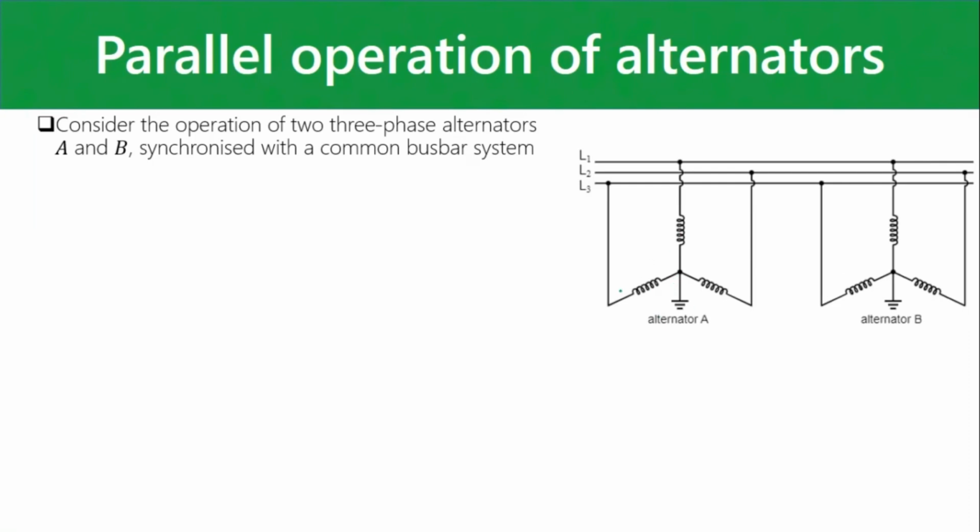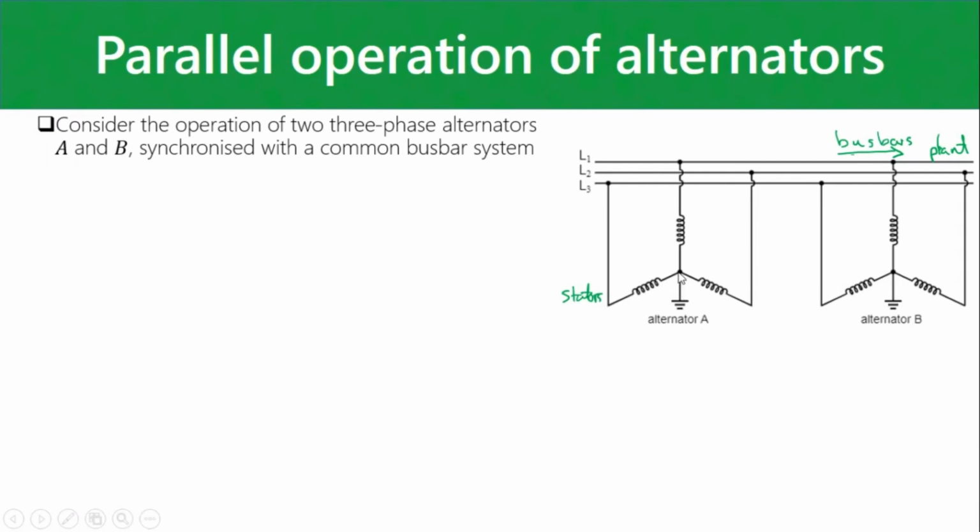These stators are connected onto bus bars. You connect however many alternators you have onto the 3-phase bus bars, and then this goes to your plant or your factory, and you feed off that to all your different consumers.